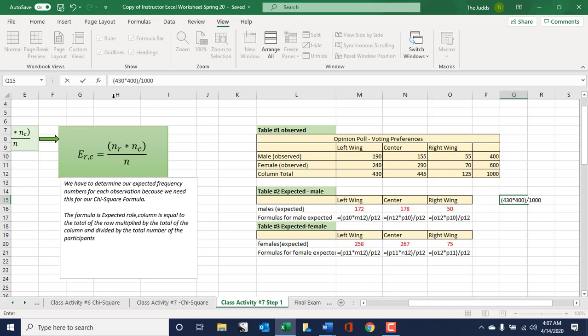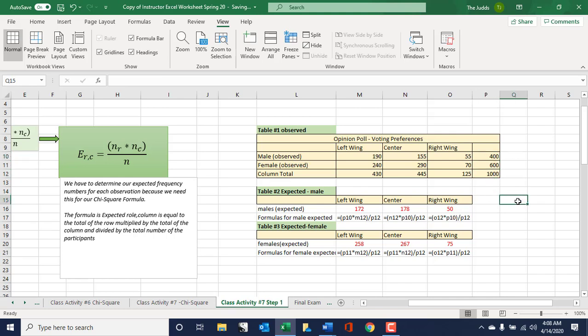I forgot to put my equal signs up here at the front so it would do what needed to be done. And I got my 172. So let me walk you through that again. My 172 here uses the cells that these numbers are in. It's basically the column total times the row total, divided by the total in the sample population.